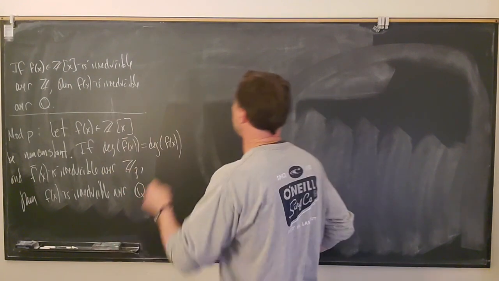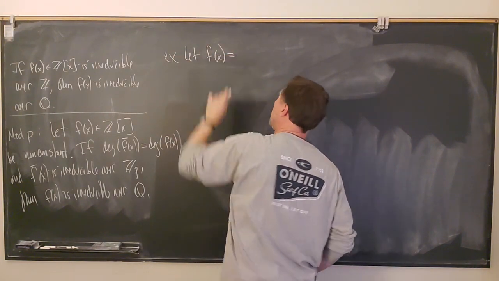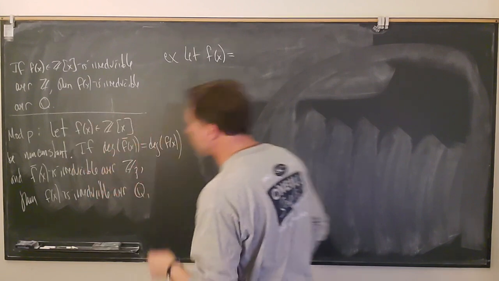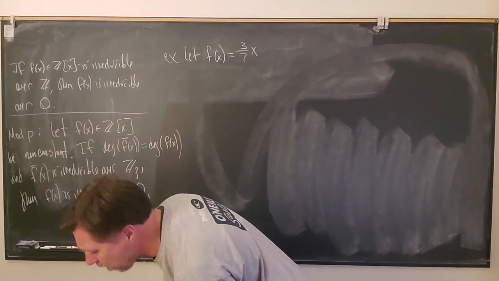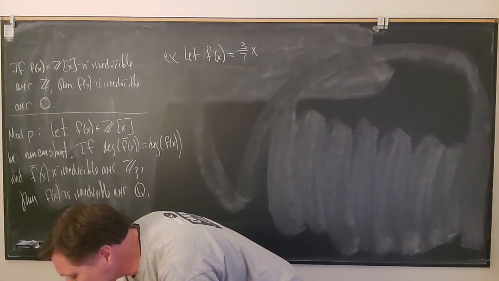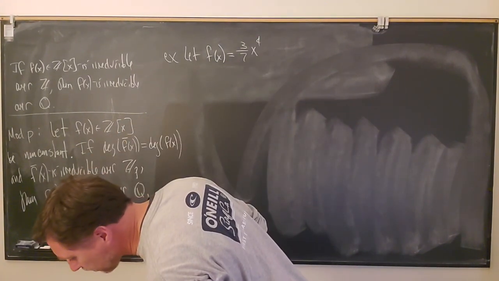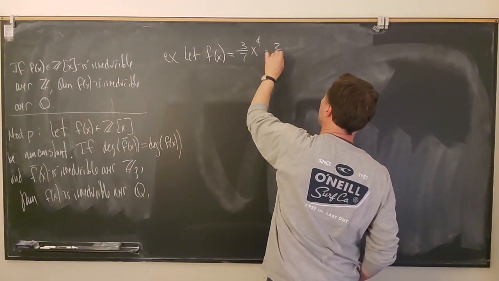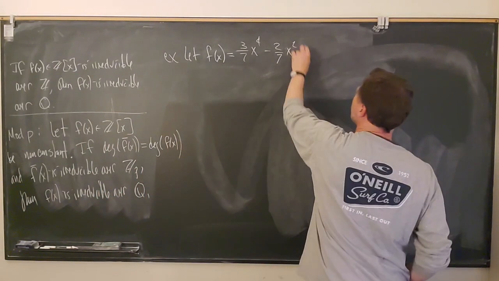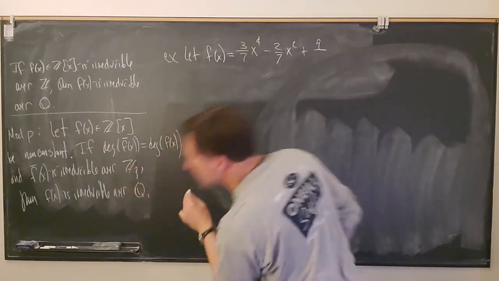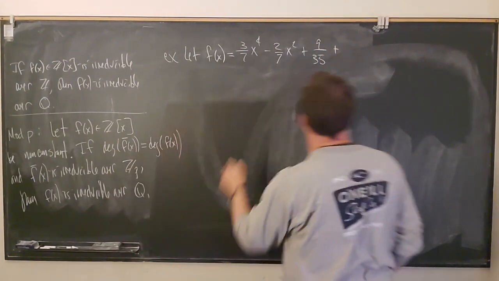The first example: let f of x equal 3/7 x to the 4th minus 2/7 x squared plus 9/35 x plus 3/5.